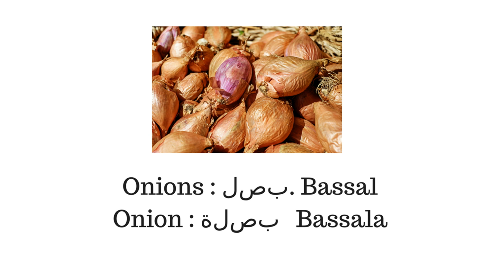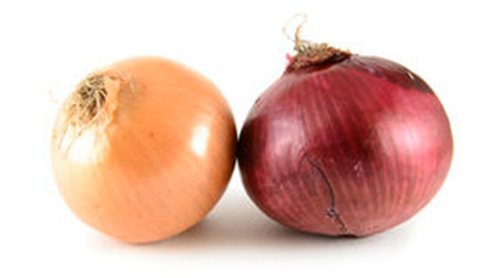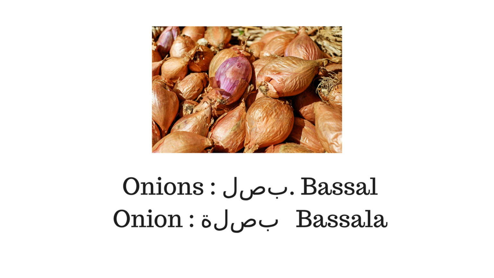In Egypt, for instance, there are the yellow ones and the red ones, plus, of course, the green onions, the shallots. Onion is also a very important ingredient; 90% of the recipes of the main dishes and the salads contain onions.